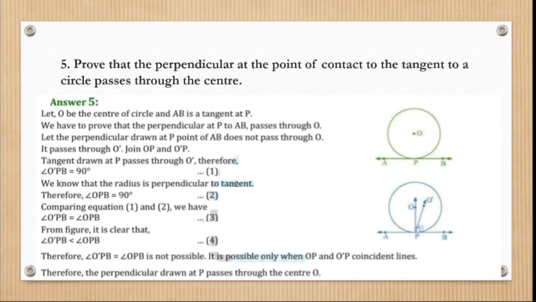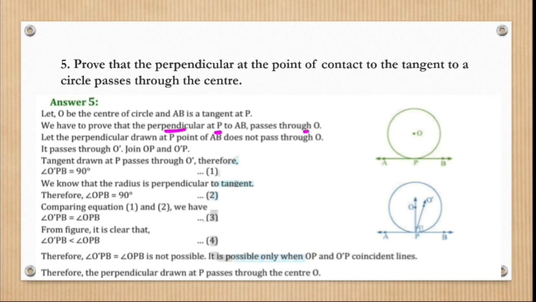Now you have to prove that if you draw a perpendicular at this point P, that perpendicular will pass through the center. I am considering O is the center of the circle. Now we have to prove that the perpendicular at P passes through O.